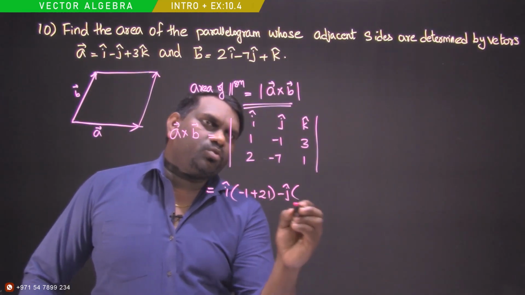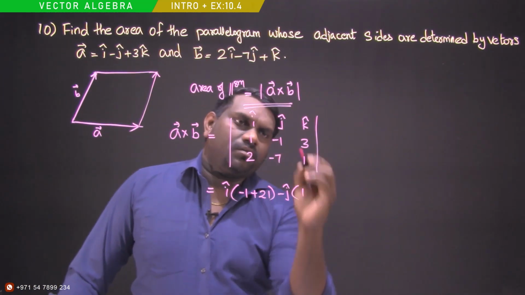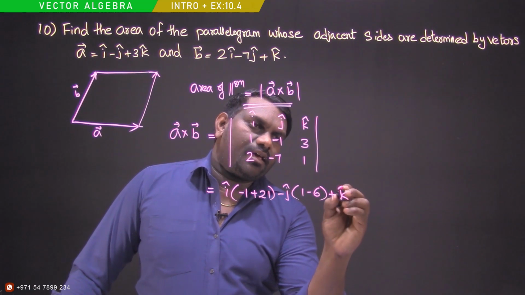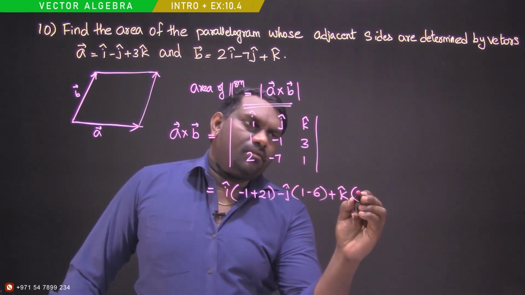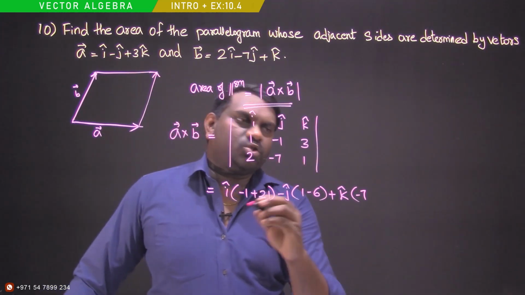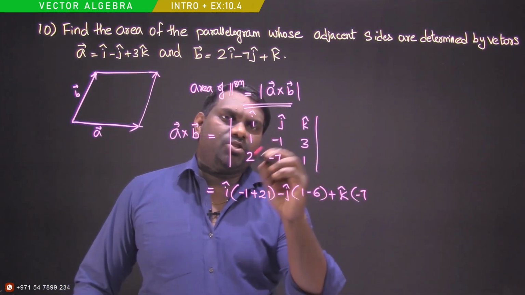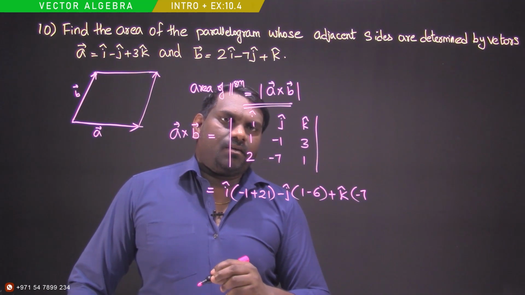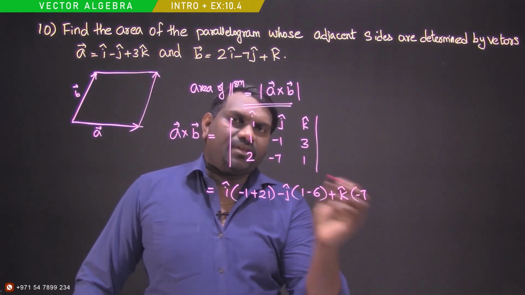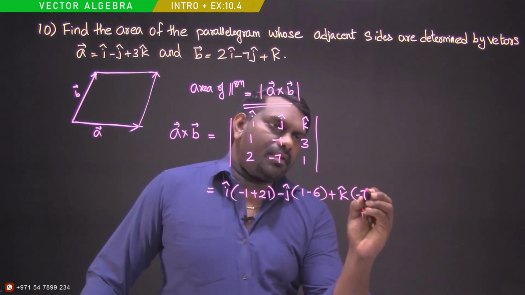Minus J into 1, -6, then plus K cap into -7, then -2, yeah, -2, and then -7, this is going to be +2.